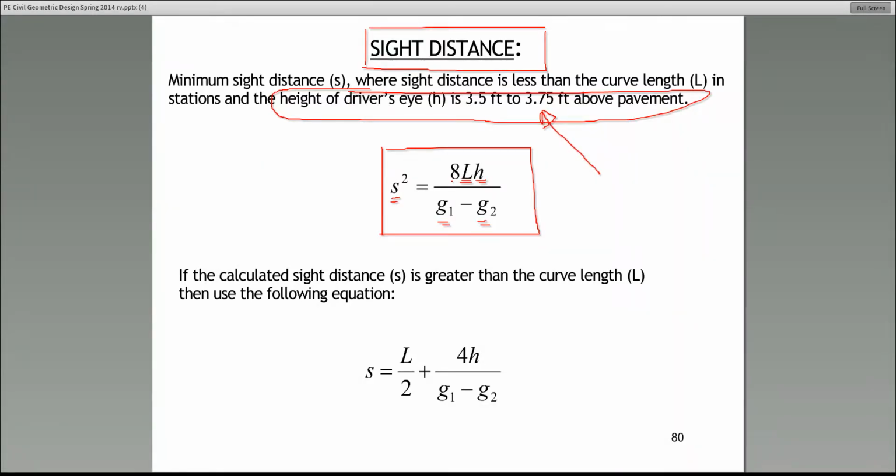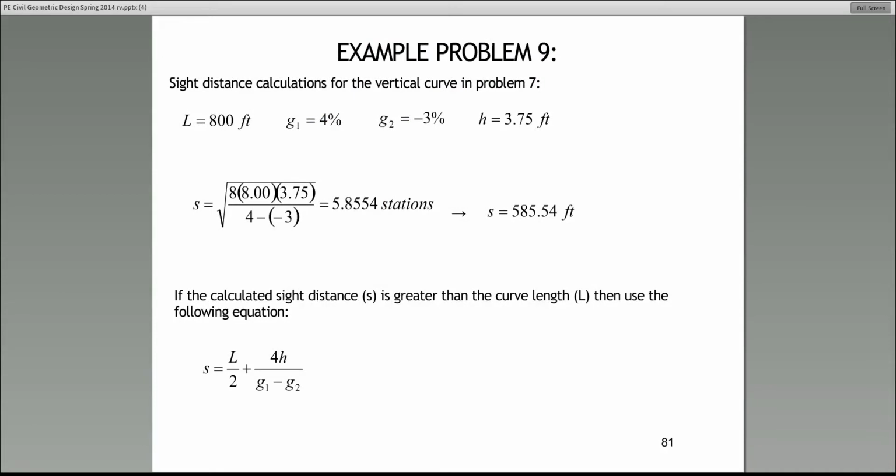Let's move on and see how we can apply this to this particular curve we've been talking about. By the way, L was given to be 800 feet. G1 plus 4%, G2 minus 3%, and H, as I indicated, we're going to use 3.75 feet.